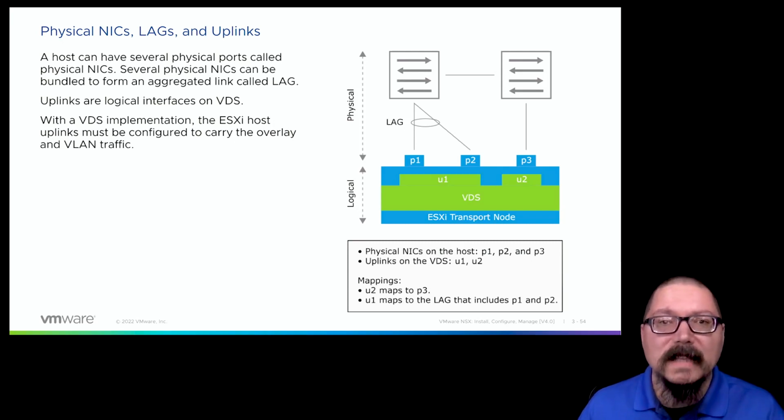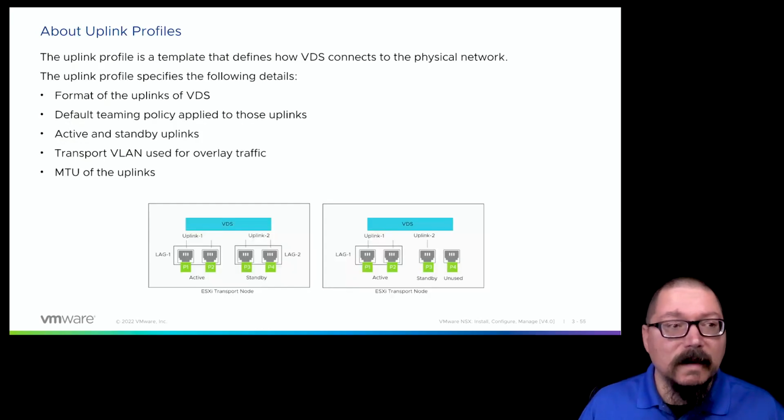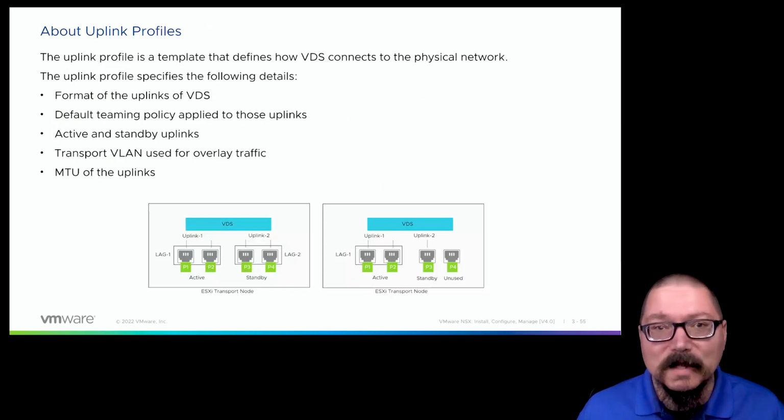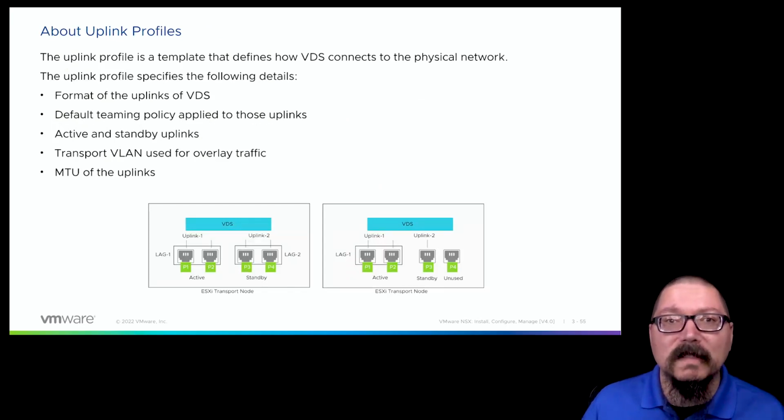My NVDS, my host switch, has some number of uplinks, and those uplinks are going to be mapped to a physical NIC or a link aggregation group. Now, how do I know how many uplinks to configure? Well, that's all in the uplink profile.